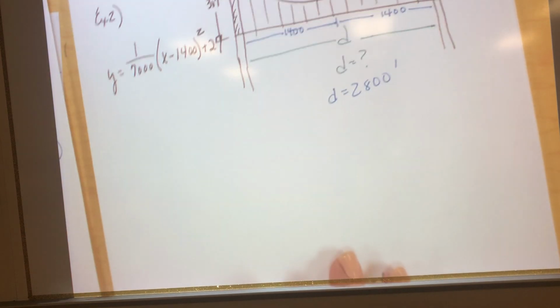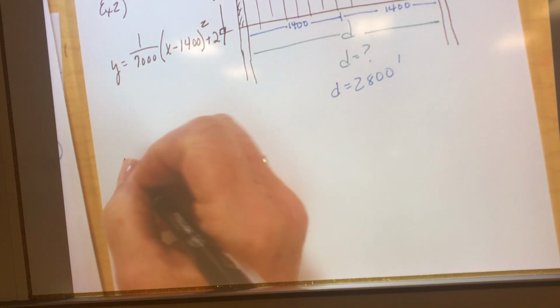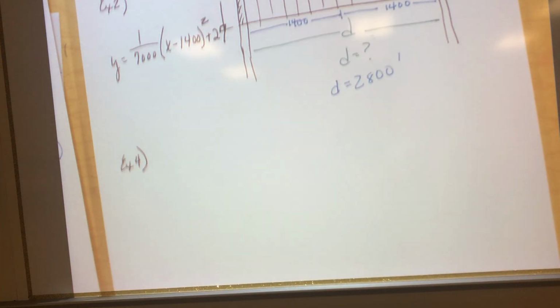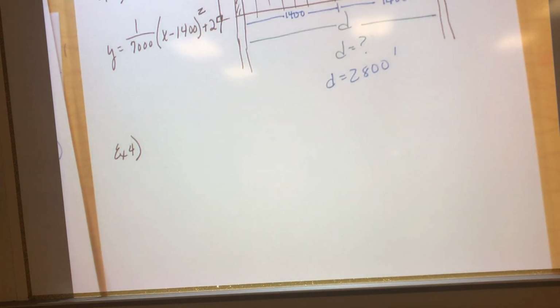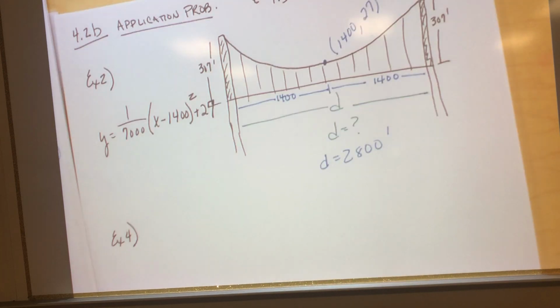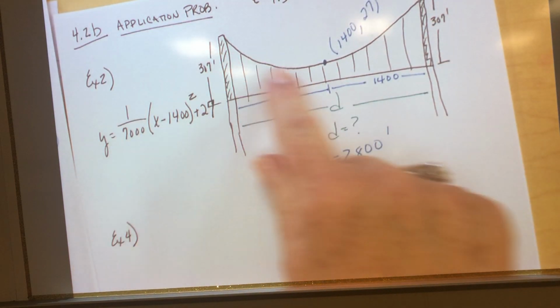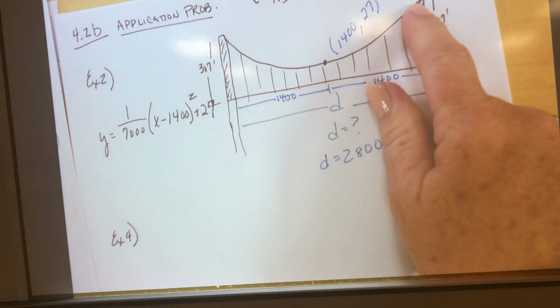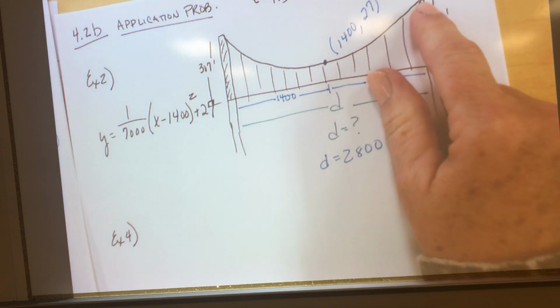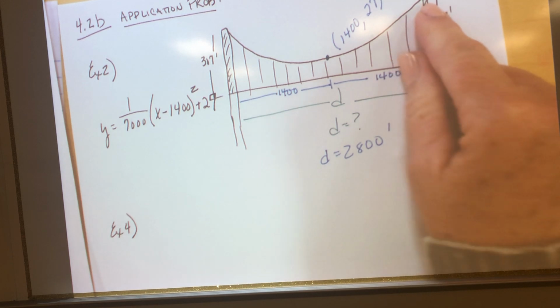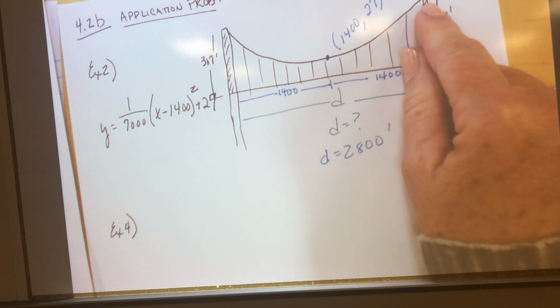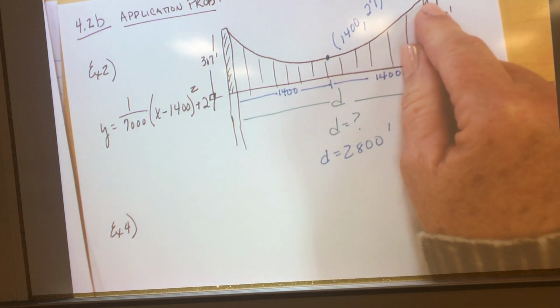Okay? All right, here's the next one. Example 4. Remember, these were just the two reading problems. What's the difference between that curve and a parabola? There's not a whole lot of difference, but there is some difference. And when you loop something like this, then that is what it's called. And I don't really know, because that's really calculus, and that's when you talk about those kind of curves.